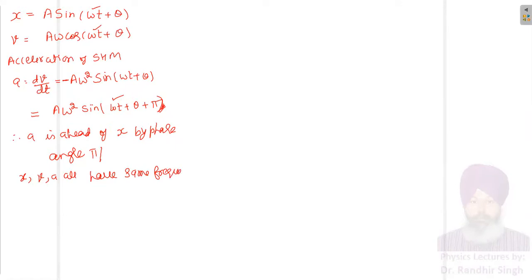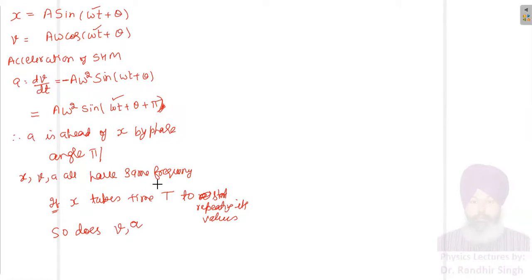The meaning of this is, if x takes time, let us say t, to start repeating its values, so do v and a.